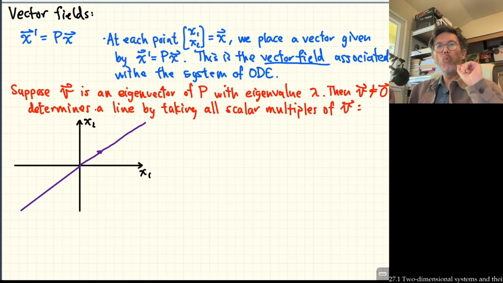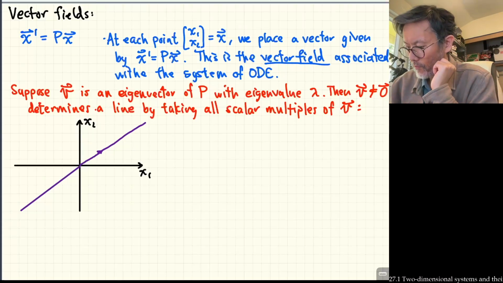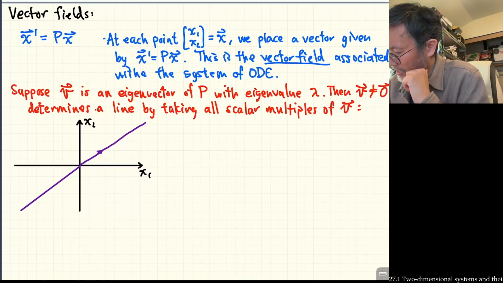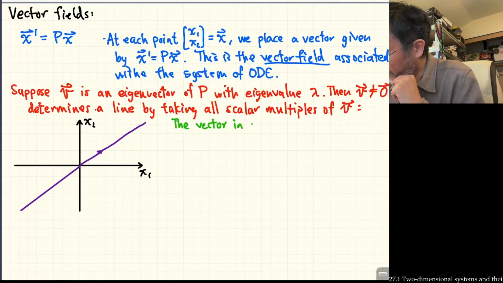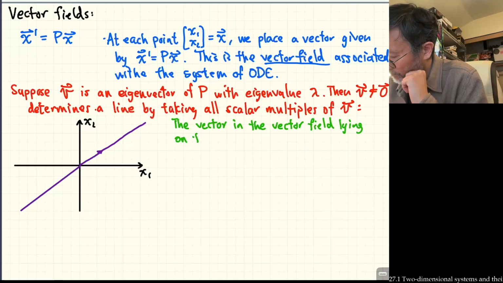Now the question is, what do vectors in the vector field look like for points that lie on this line? So this is the key idea. The vectors in the vector field lying on this line point in the direction of the line.